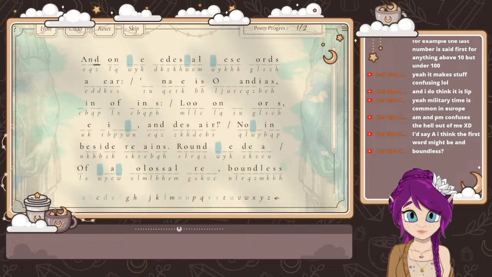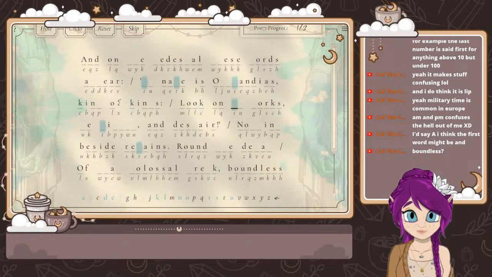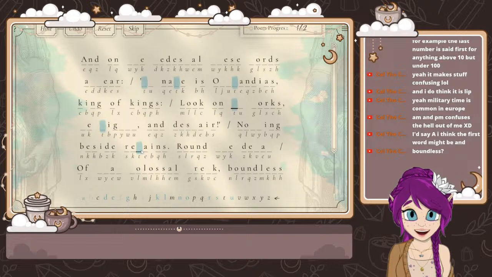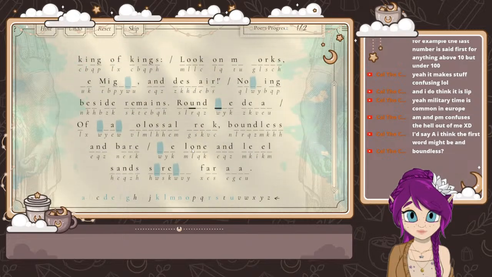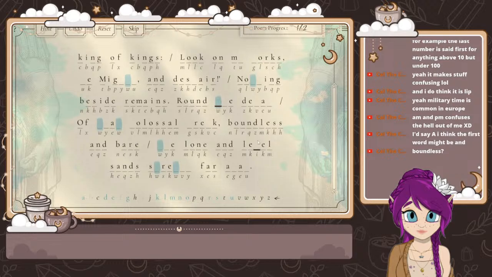And on... look. Kings, King of kings, look on. Round, beside, remains. Of level. Lone and level sands.